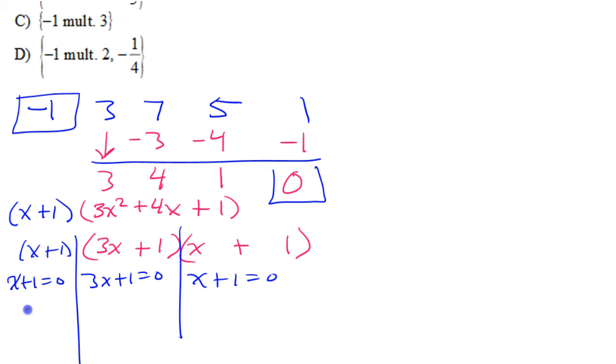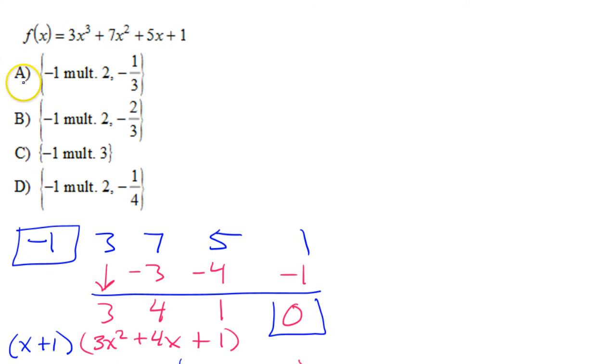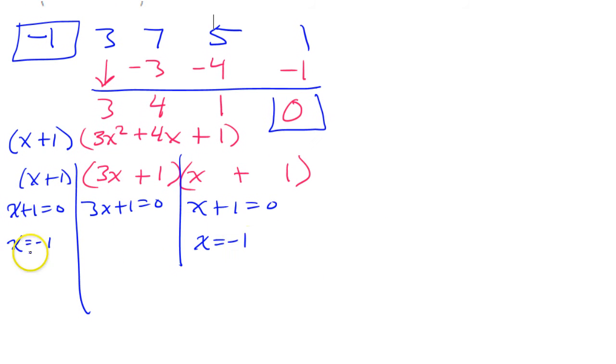Well, we already knew that this would give us negative 1, and you see that it is repeated twice. So that is negative 1 multiplicity 2. So right there it tells us that it's either A, B, or D, because I've got negative 1 multiplicity 2 because of the way it's repeated twice.